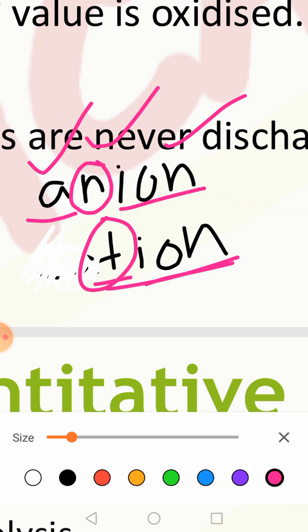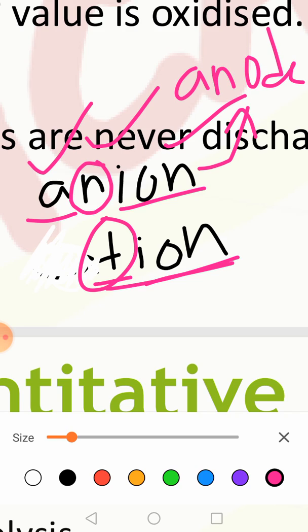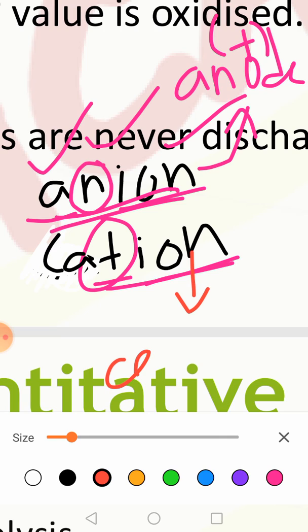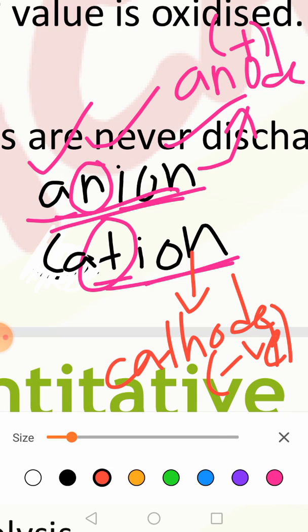So anion means a negative ion, and anion goes to the anode. Anion is attracted to the anode. So if anion is a negative ion, then the anode is positive. And if cation is a positive ion and cation goes to the cathode, then the cathode must be negative.